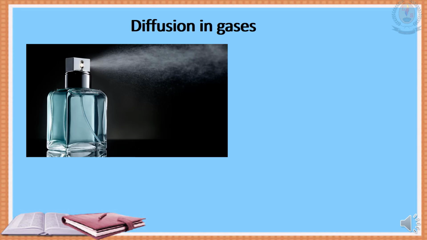Now, gases are in constant random motion. So when you spray perfume, the perfume particles are added into this air and start to collide and move with the gas particles.